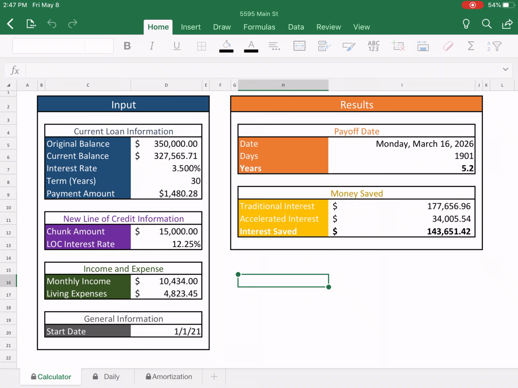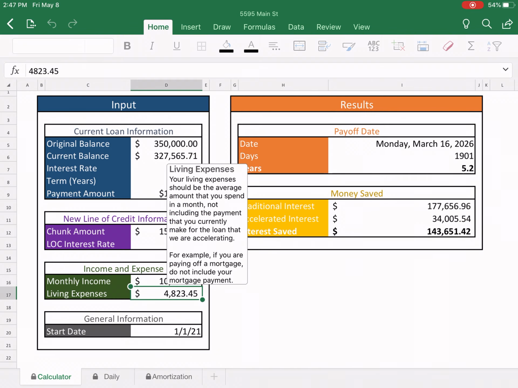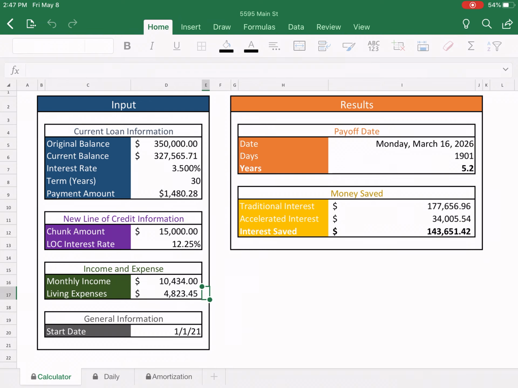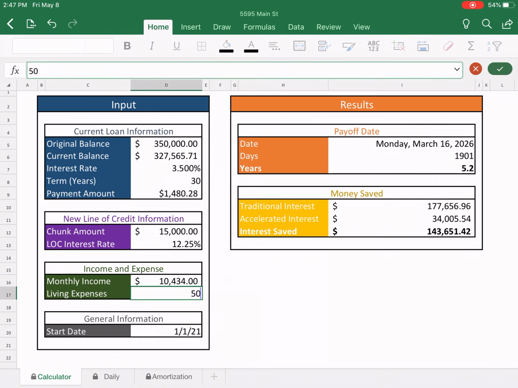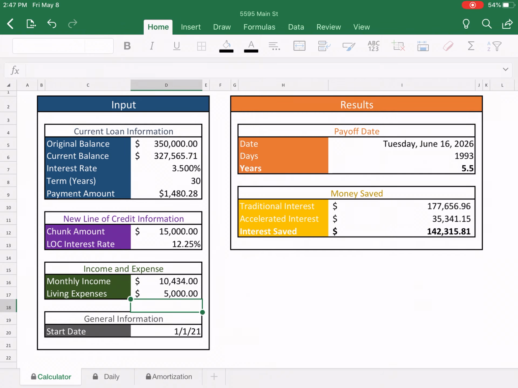That's the expenses. I don't know how. Oh, I have to add my credit card minimum payments in there. Yeah, my credit card minimum payments is 200. So let's say $5,000, so that's my monthly expenses.